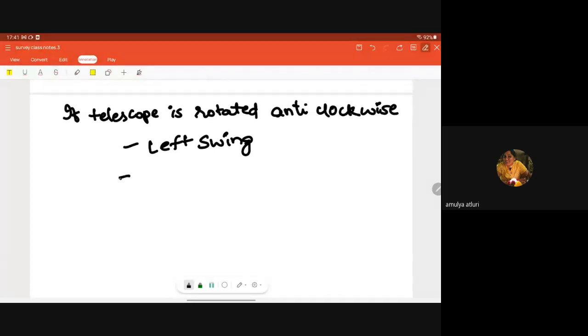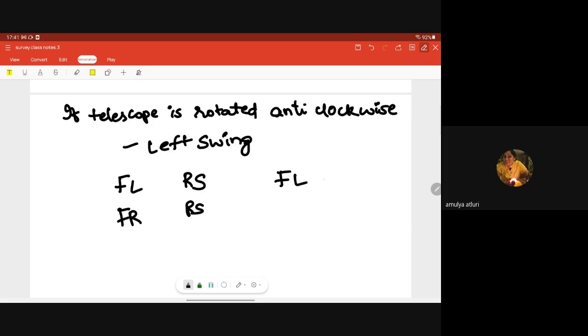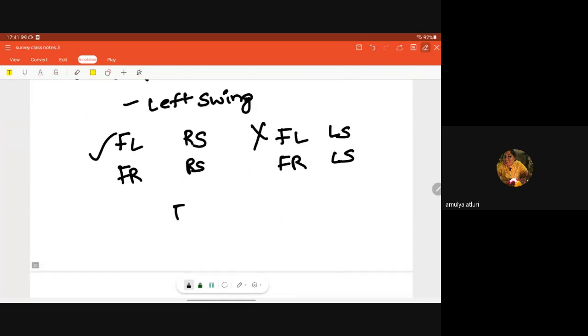We can take face left and right swing, face right and right swing. You can't take face left and left swing, face right and left swing. FLRS is the best combination.